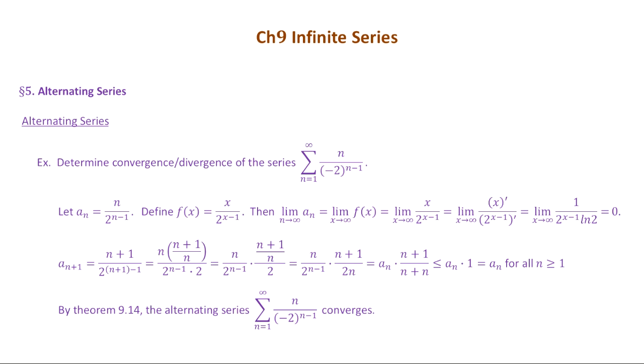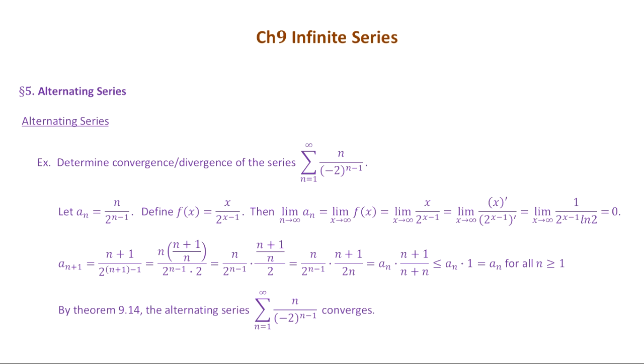Okay. And there's a reason we want to do that. We want to compare this term with the previous term, a_n. And so you can rewrite the numerator as n times n plus 1 over n. And then if we do that, we can separate n over 2 to the n minus 1, and then we are left with n plus 1 over n over 2.